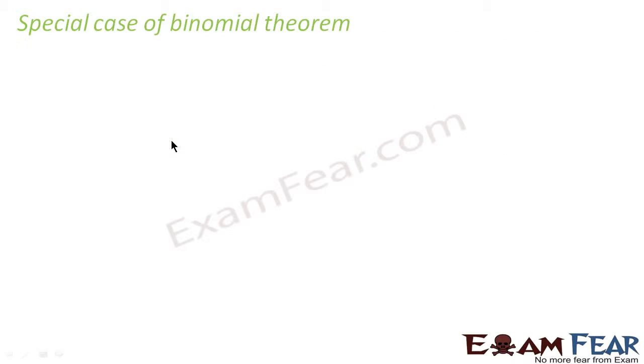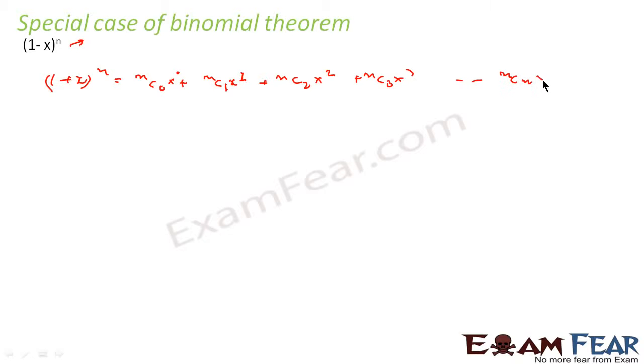Similarly, we have one more special case in the binomial theorem, and that is 1 minus x to the power n. So here also, instead of x we have minus x. In the formula for 1 plus x to the power n, which we have derived now, we have nC0 x to the power 0, plus nC1 x to the power 1, plus nC2 x to the power 2, plus nC3 x to the power 3, and so on, up to nCn x to the power n.